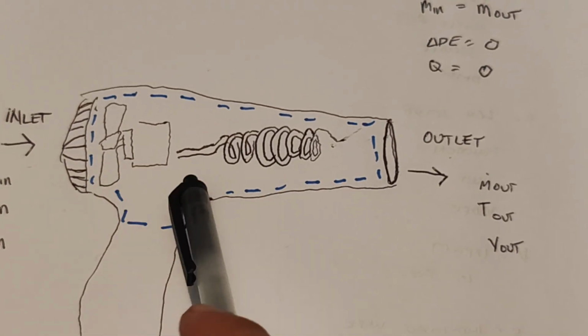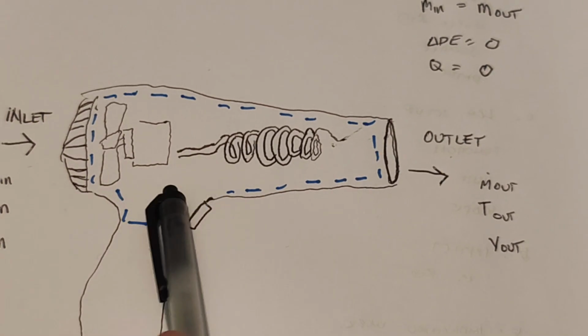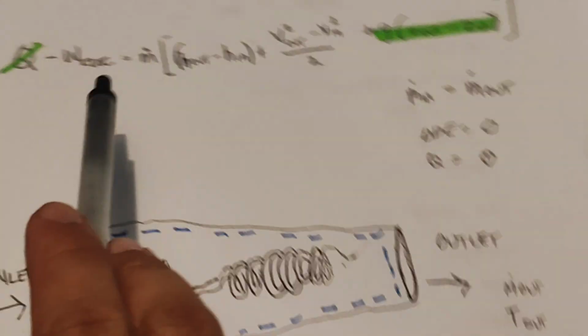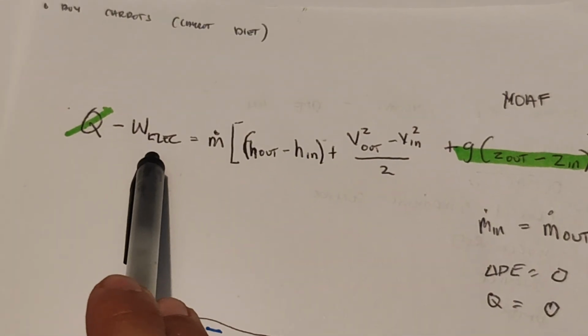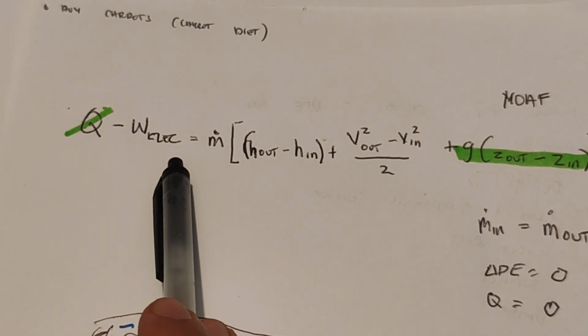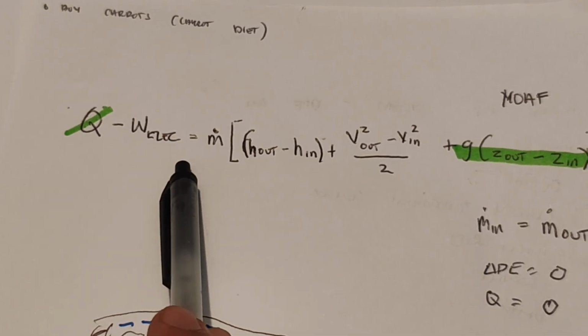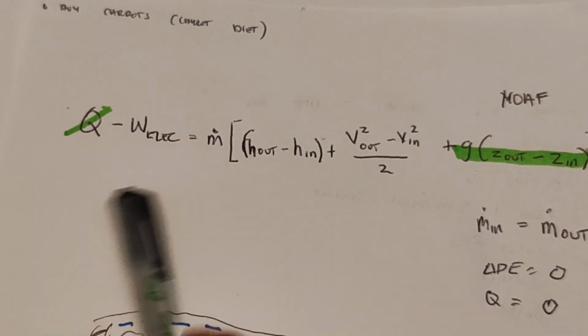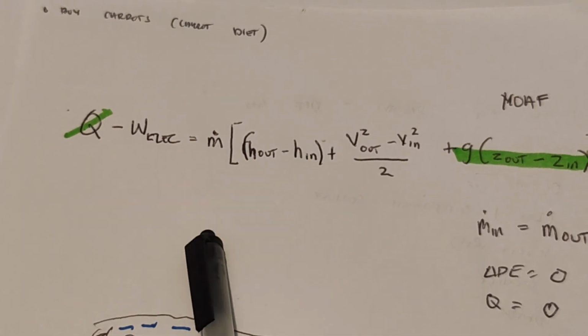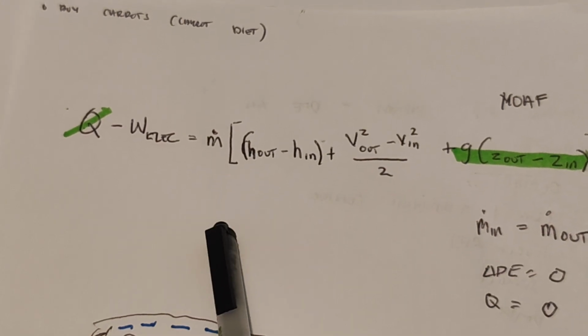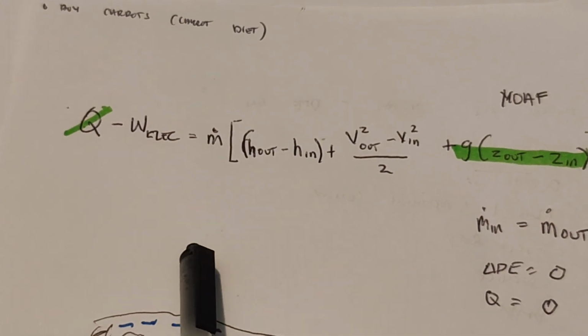In our case, we bundle this into our total electrical work, so that's why we're using W elect coming from the wall, or the plug. The power handles both the fan motor and the heating coil, so we just use one power in for the term.